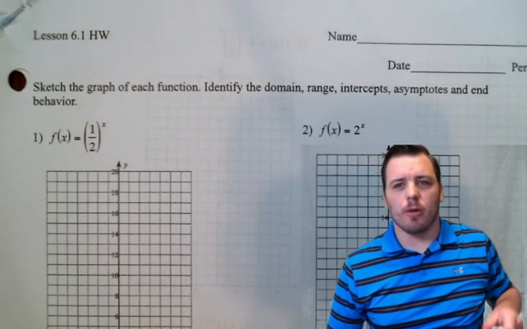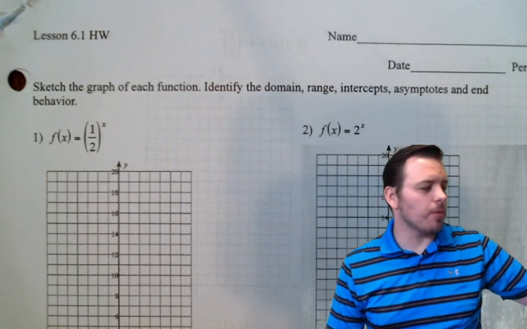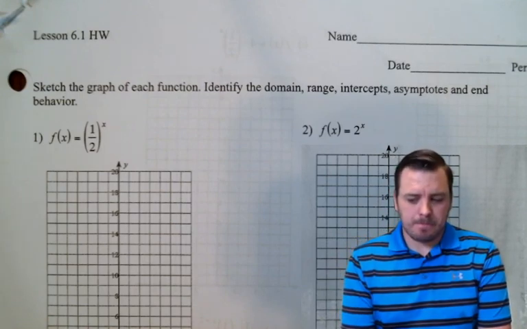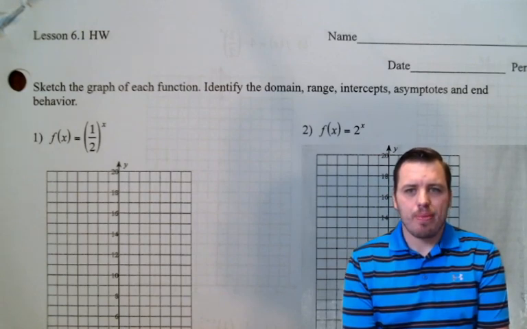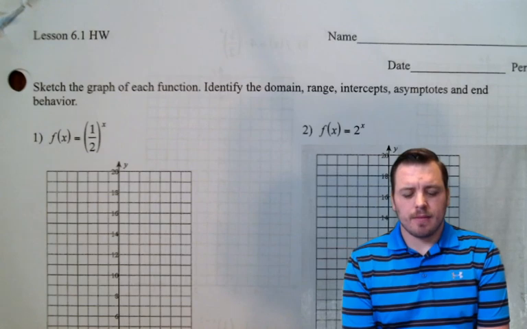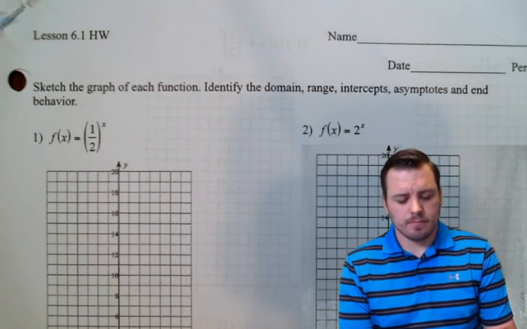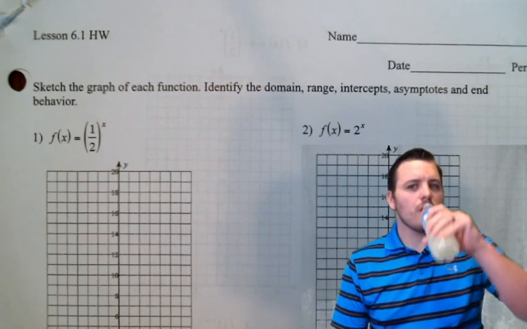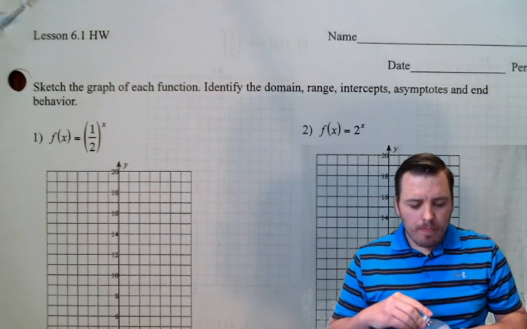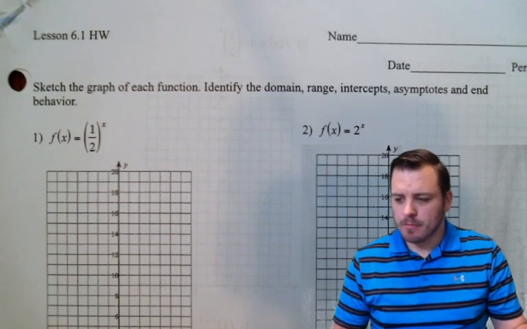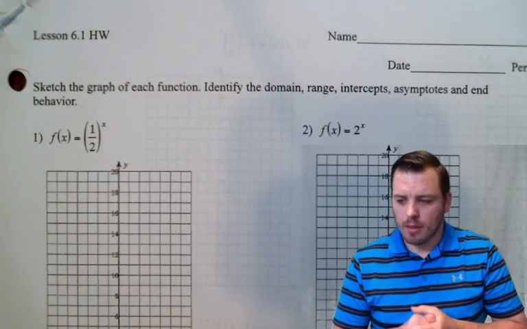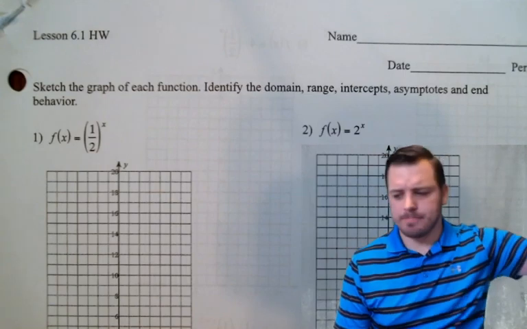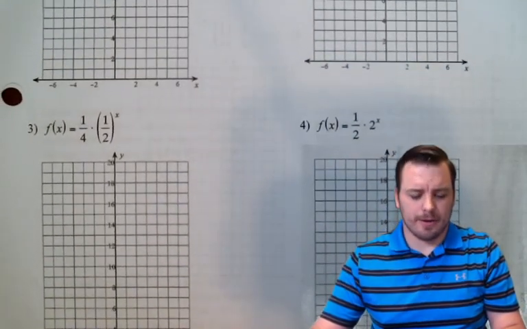So, questions on 6.1 homework. Okay, Elena says 3 and 7.